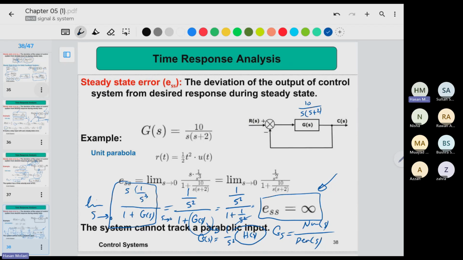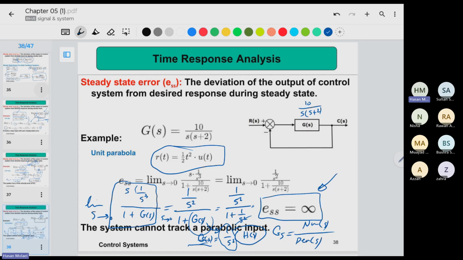So what you need to do to improve or reduce the error for this kind of input is to make sure that G of S has this kind of factor of 1 over S squared.